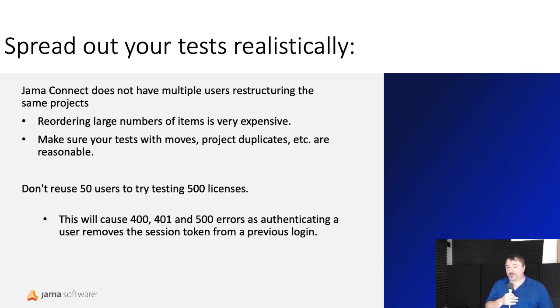And so that really comes back to understanding that the most expensive operation in Jama is when you are reordering and moving data. Unlike maybe a content management system or a tree in an operating system, you have the tree hierarchy where you have a parent and a child.